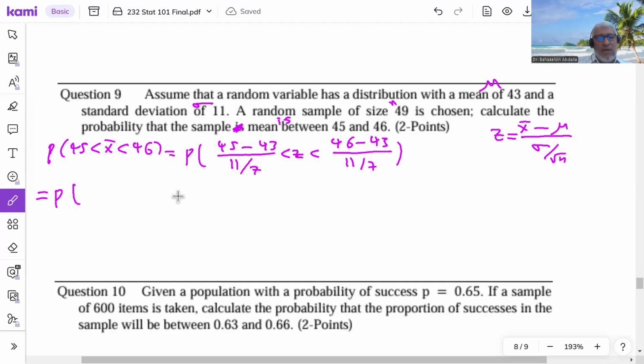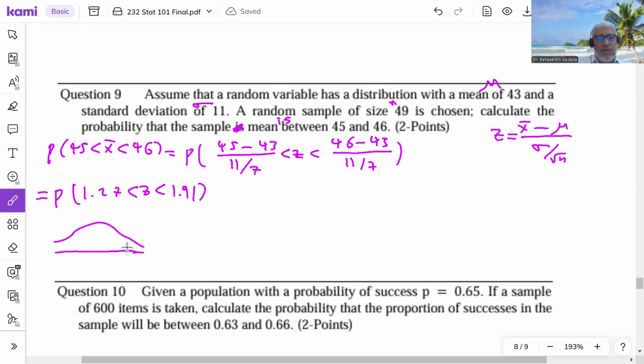And here I'll need to round to two decimal places because the table works only with two decimal places. So I'll have 1.27 less than z less than 1.91. And now how to find this probability from the table. I have here two positive numbers.